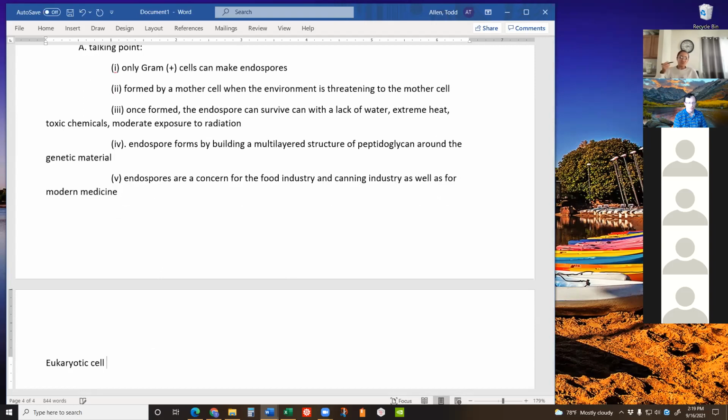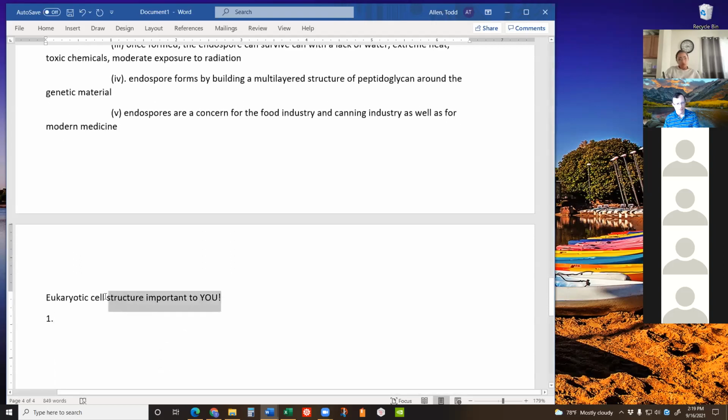Eukaryotic cell structures important to you. Here's a quick list of these things. And you're going to see that some of these things are certainly in common with prokaryotic cells. The details might be different, but the overall idea is the same, right?